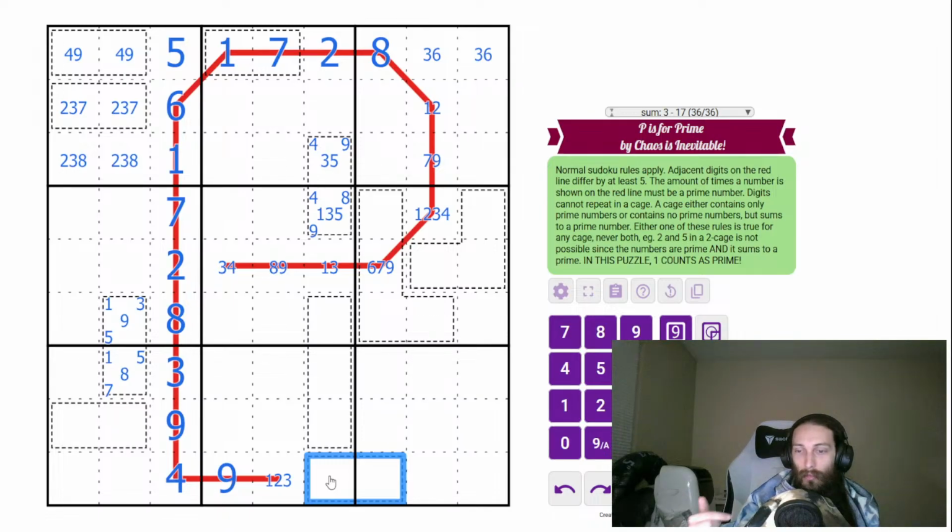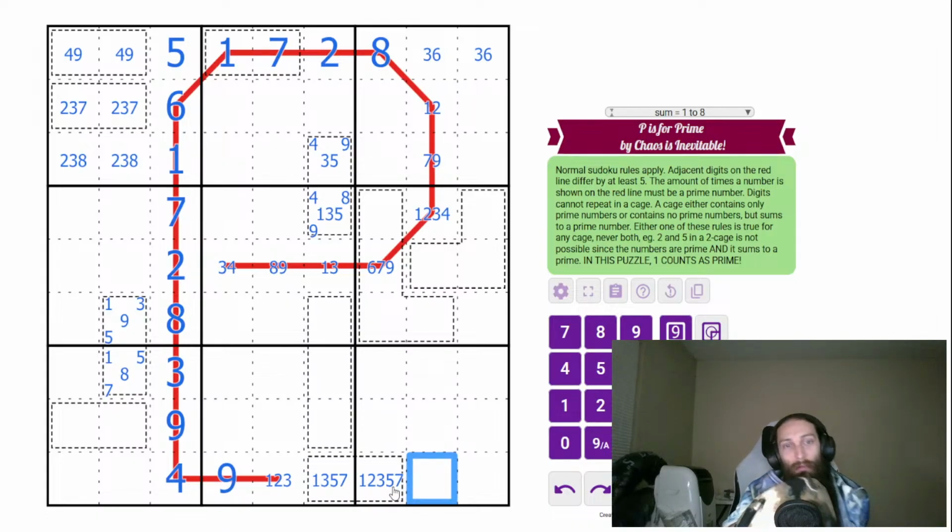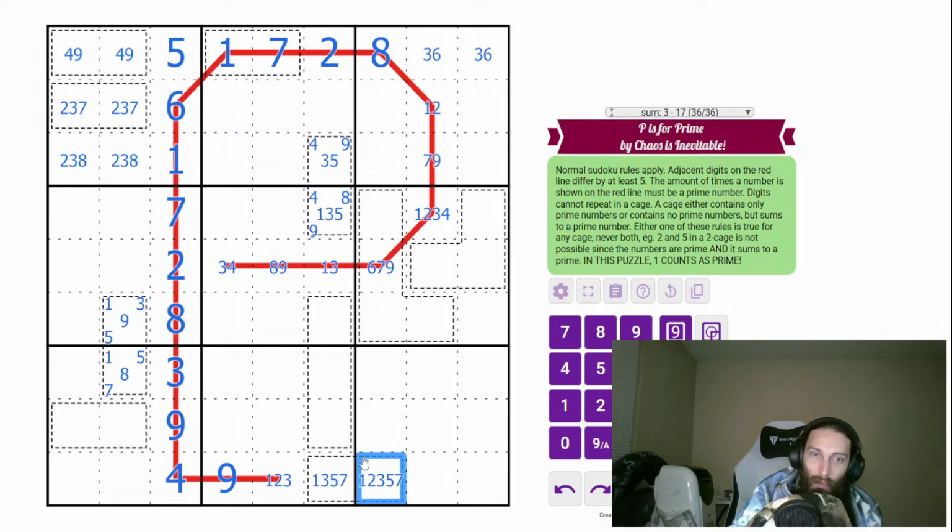And so since 9 is not allowed, this must be primes, 1, 2, 3, 5, 7, and then this one isn't a 2, but because I can use 2 and 7 here, I can still use a 2. Although, if this is not 7, then those would be composite.